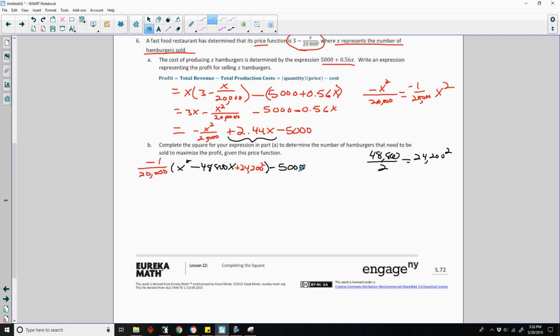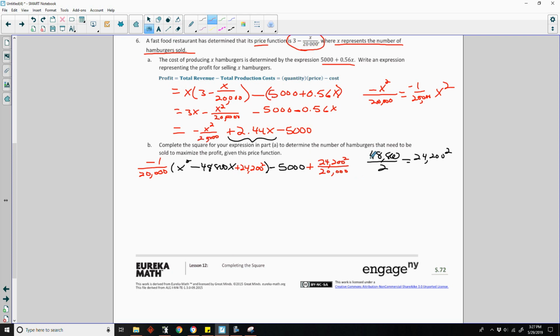So I'm going to add 24,200 squared over 20,000, which is 1/20,000 times this. Okay, so this times this is negative, and this times this is positive, so they would cancel out, and we get back to what we started with.